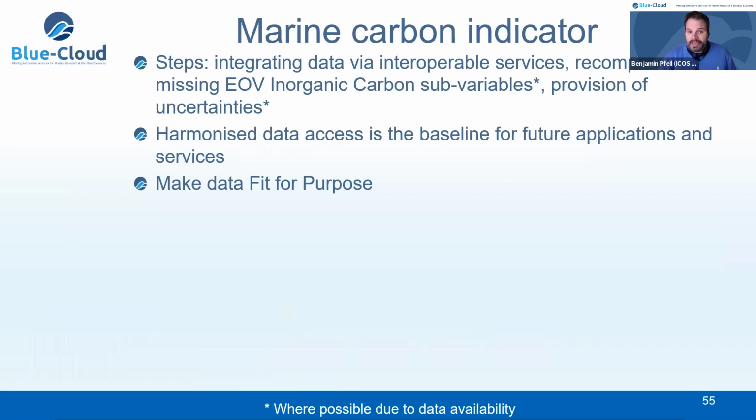This harmonized data access is the baseline for future applications and services and actually makes the data fit for purpose. A lot of data is not being measured for the purpose of ocean acidification or to predict the fluxes. It's measured for different purposes, but being able to provide the uncertainties makes the data fit for purpose.